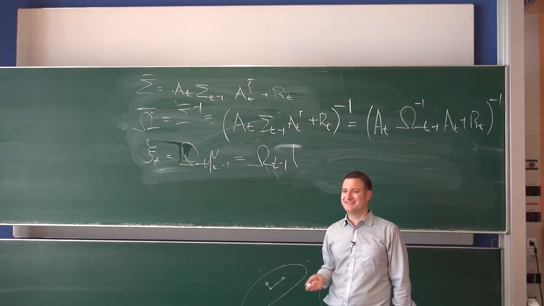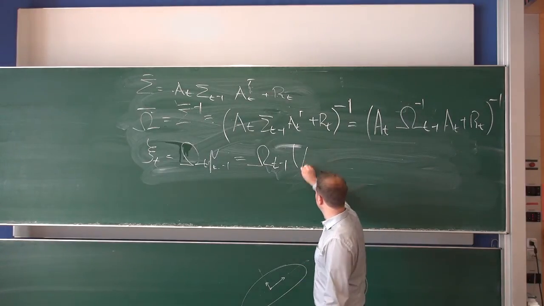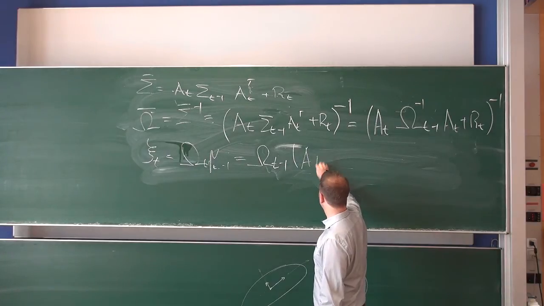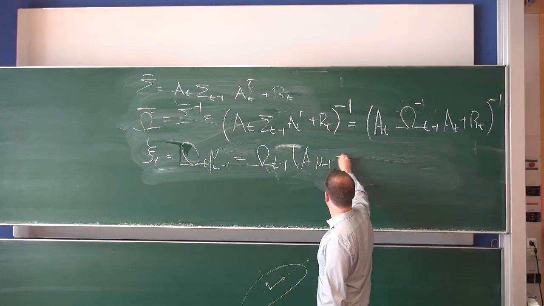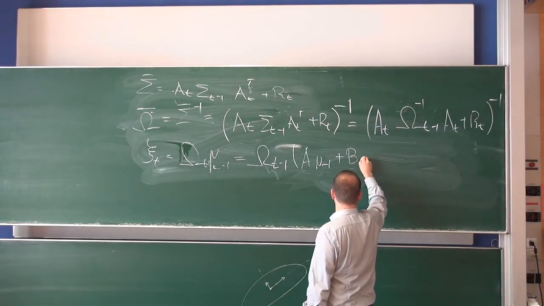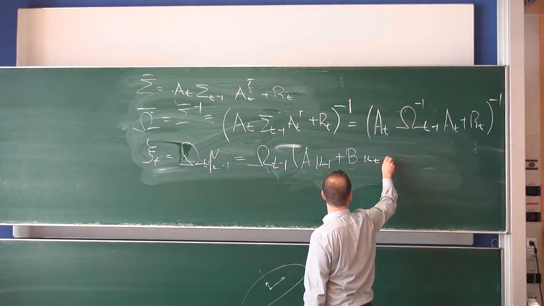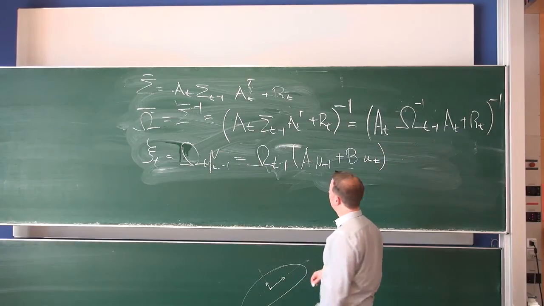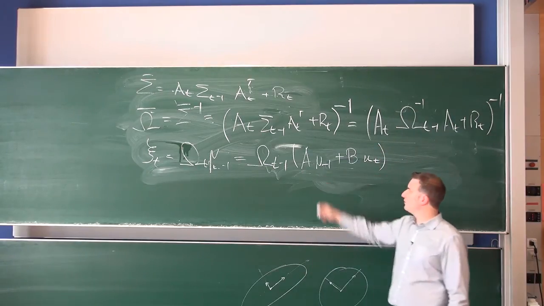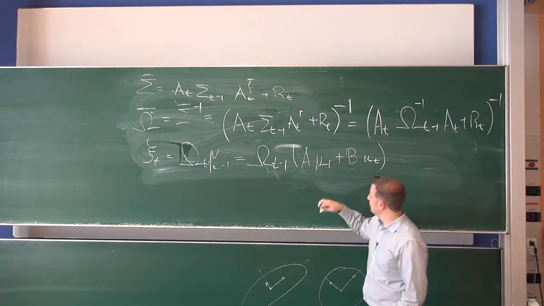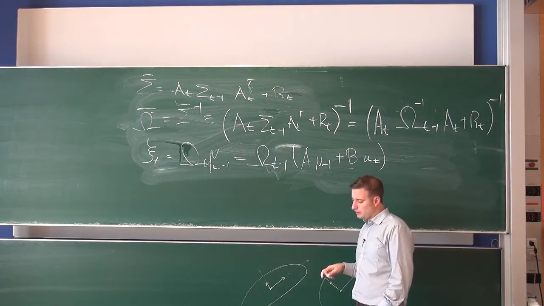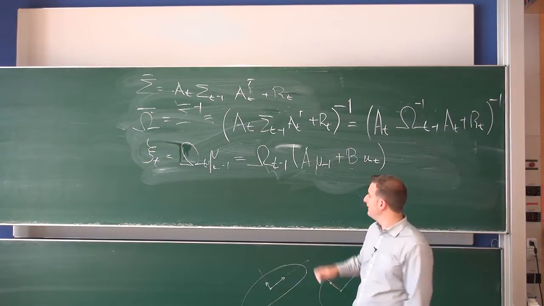Yeah, A times mu_{t-1} plus B times u_t. Exactly. So this was the expression to turn the previous belief into the previous mean into the predicted mean.